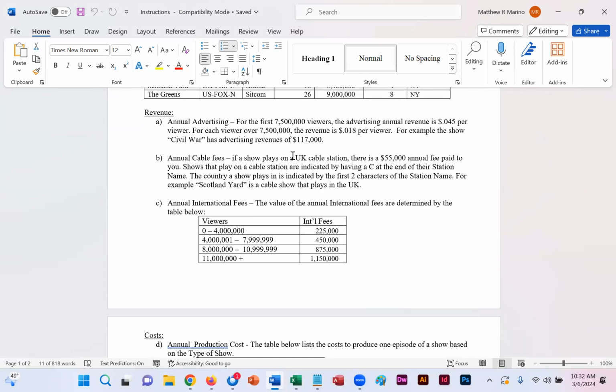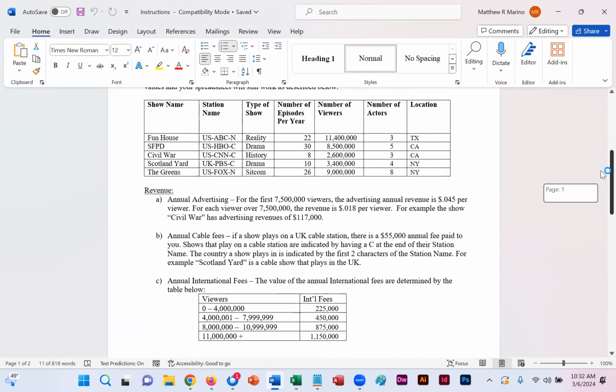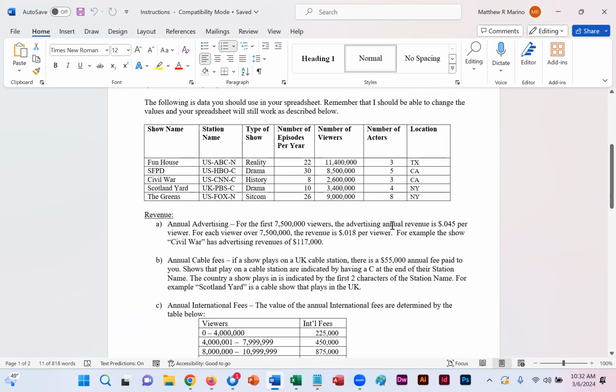I think it was if the bushels was less than 4,000. So if D2, I think it was less than 4,000, look for that formula from Monday and basically pattern it after this.